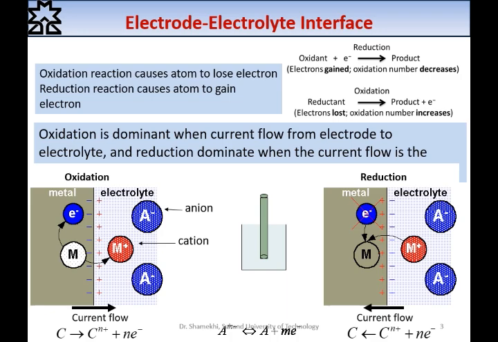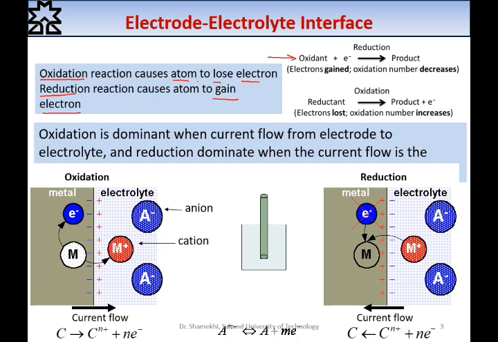We have two main reactions, oxidation and reduction. Oxidation reaction causes an atom to lose electrons. And reduction reaction causes an atom to gain electrons.